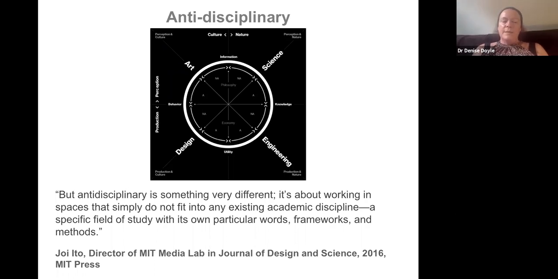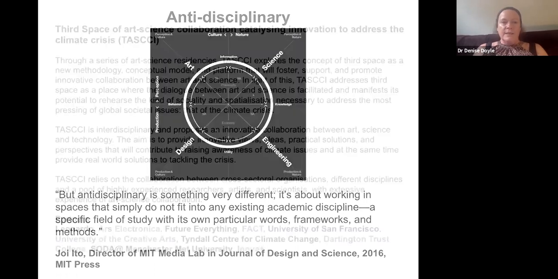It's about working in spaces that simply do not fit into any existing academic discipline, a specific field of study with its own particular words, frameworks, and methods. And I have a sense that many of the STARTS projects are undertaking antidisciplinary practices. These could be actually emerging practices through arts, science and technology, but this is also facilitated by the development of the third space in collaborative practices.